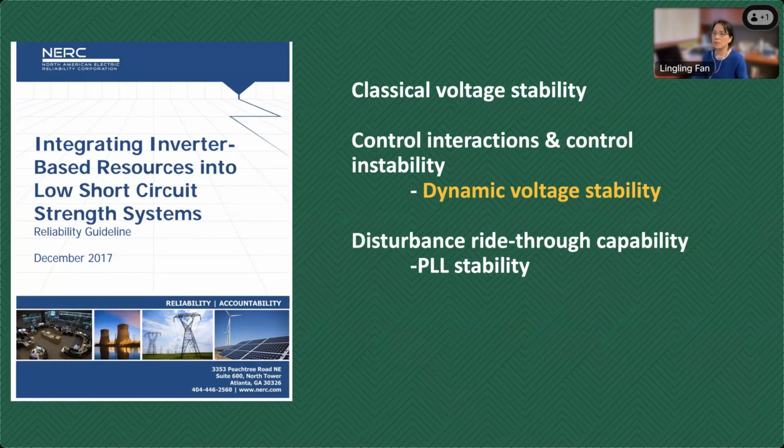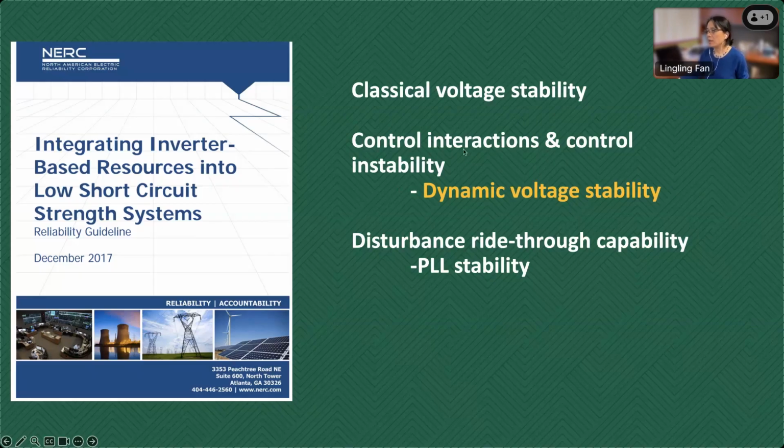Weak grid means the transmission line is pretty long and the equivalent impedance is very large. In chapter 2 of this white paper, they identify three concerns. First concern is classical voltage stability. Second concern is control interaction and control instability.